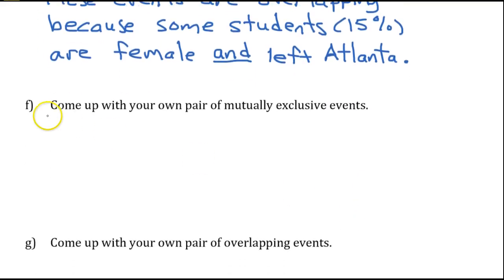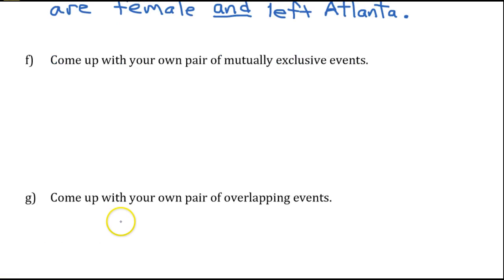All right, so for part F, we're supposed to come up with our own pair of mutually exclusive events. And I'm going to skip over that because I want you to come up with your own. Here, I'll verbally say an example to you, but I'm not going to write it down.